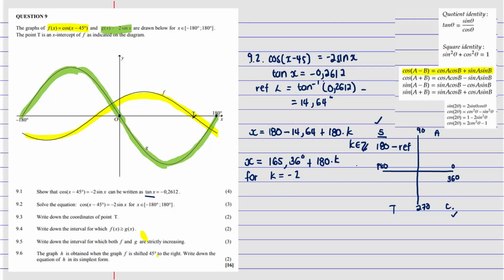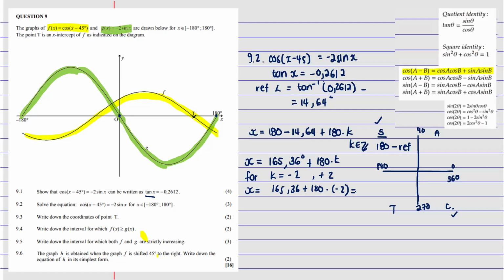So wherever we see k, we substitute. x is equal to 165.36 plus 180 multiplied by negative 2.